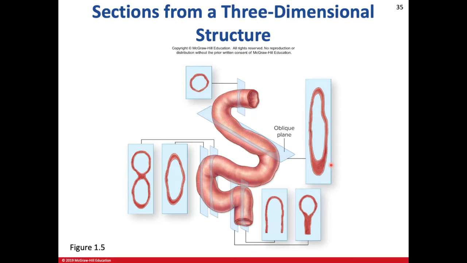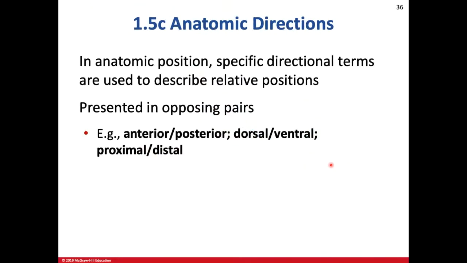And I just wanted you to see how they can appear, right? These are all different sections through a tubular organ, which could be a blood vessel or a piece of small intestine or a bit of trachea. You can get all of these different looks depending on how you section the tissue.